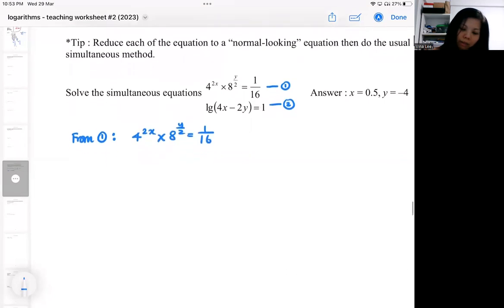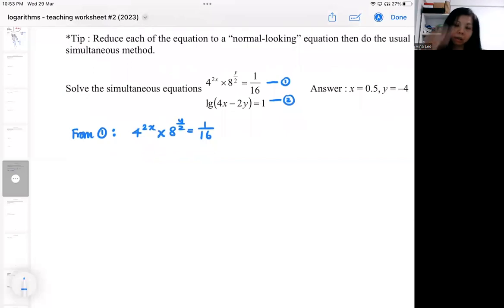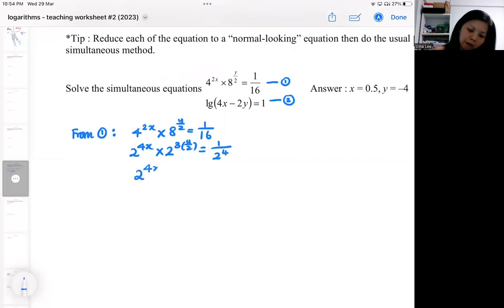If you look at the numbers, 4, 8, 16 all have a common base, so the base will be 2. You should be able to simplify everything to the same base and apply your indices rule.